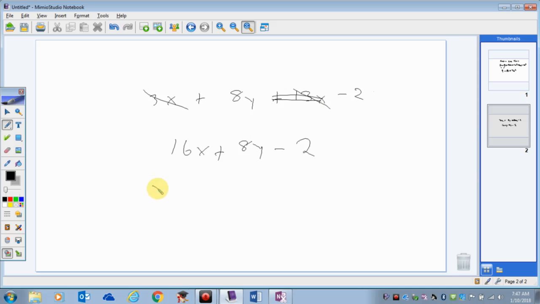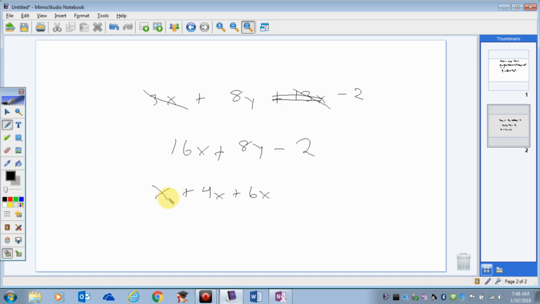Alright, so we've got another one. It's x plus 4x plus 6x. Alright, so we combine like terms. We just have x here, which anytime you just see a variable, whether it's x, y, z, whatever, if it's just the variable itself, that's the same as saying 1x or 1y or 1z.